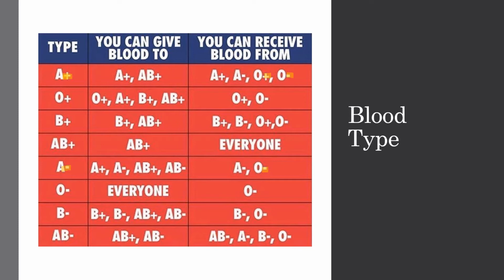Now, one difference between these two blood groups is that with the ABO antigens, you will have antibodies floating around in the blood plasma if there aren't antigens on the red blood cells.